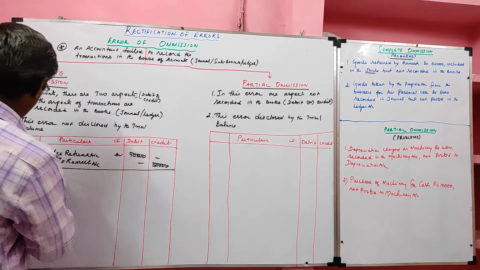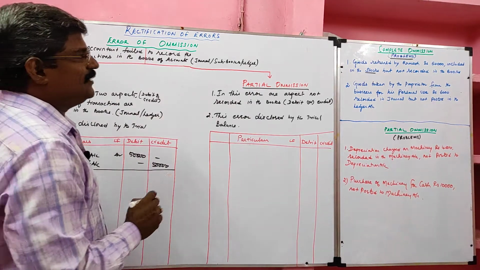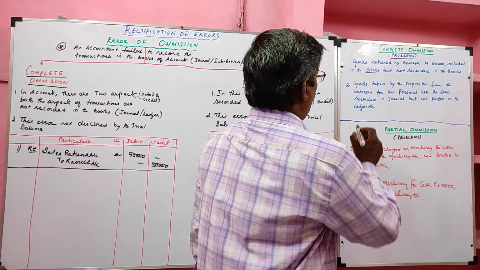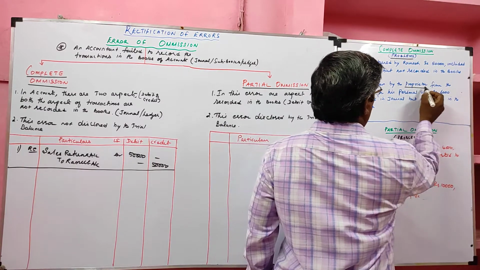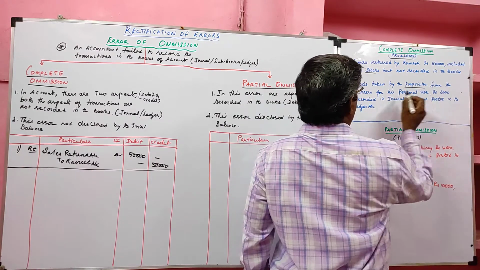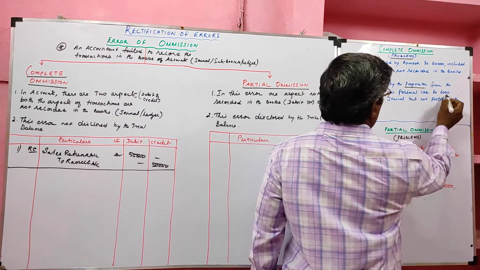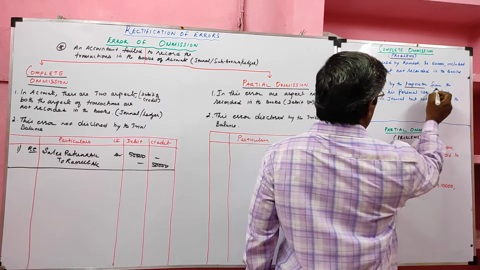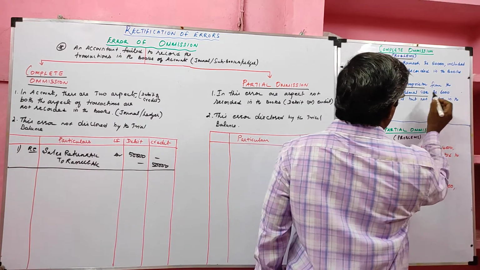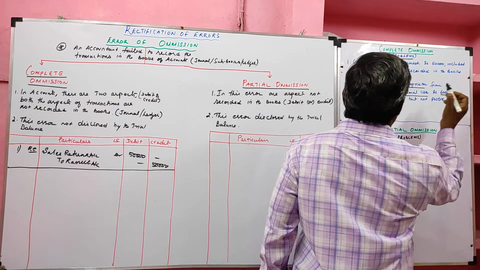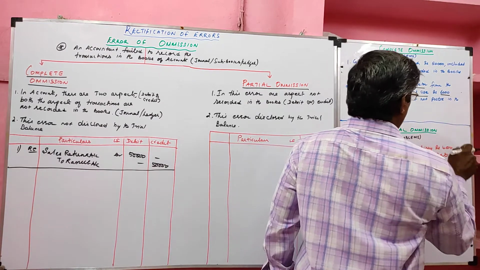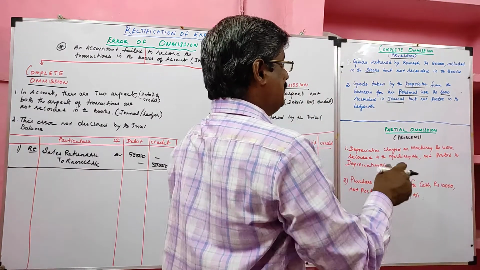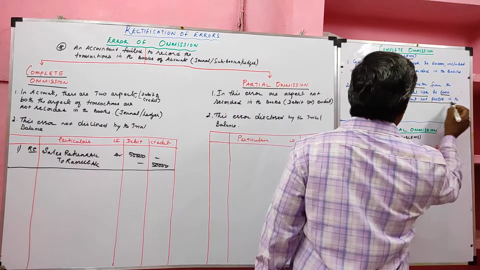Next, question number 2, very important. Goods taken by the proprietor from the business for his personal use, that is called drawings, rupees 6,000, recorded in the journal. In the journal entry they recorded it, but did not post it in the ledger account.